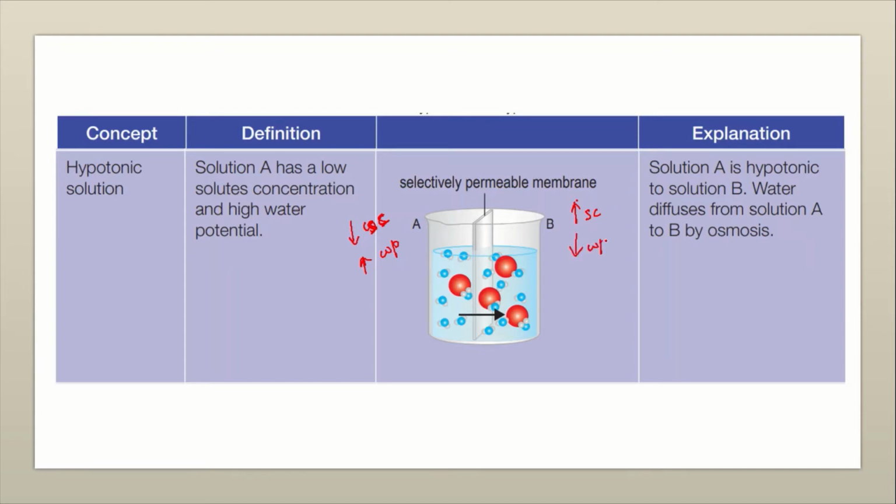We have learned that osmosis is the net movement of water molecule from high water potential to low water potential. So, solution A is hypotonic to solution B. So, water will diffuse from solution A to B by osmosis.